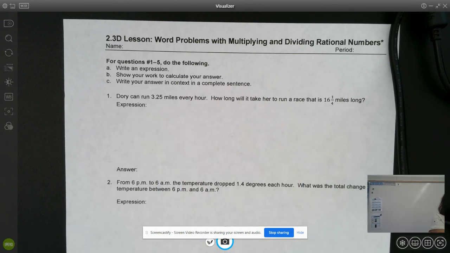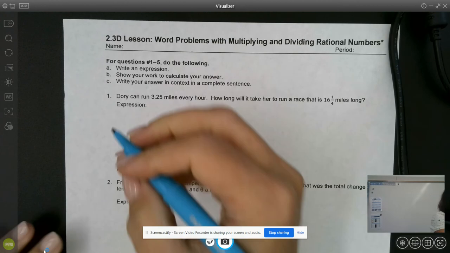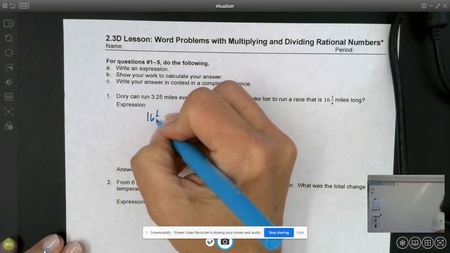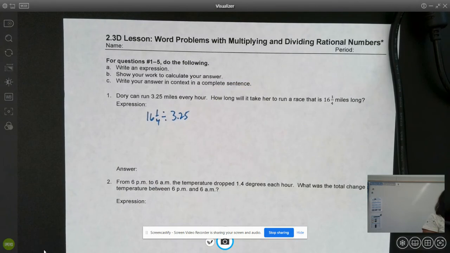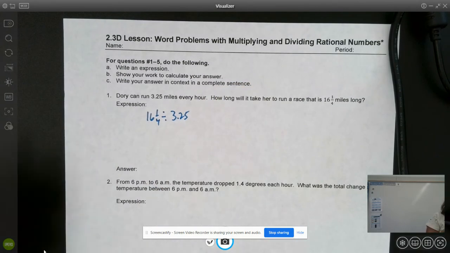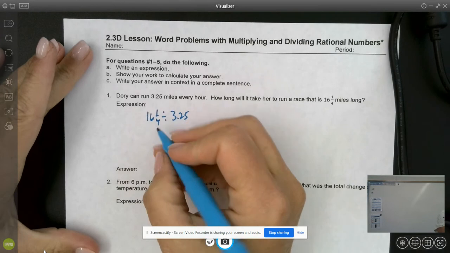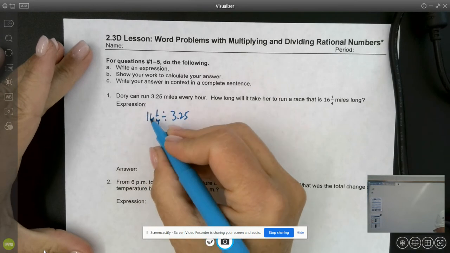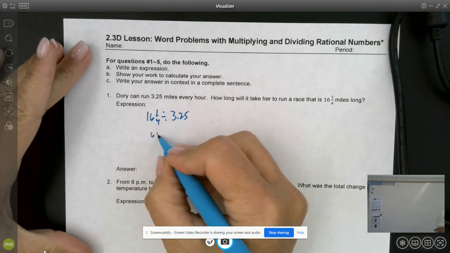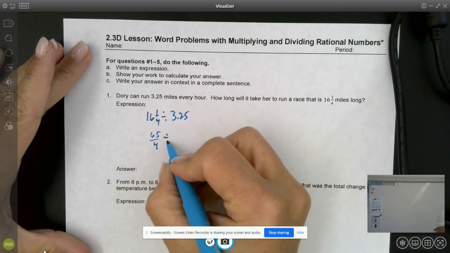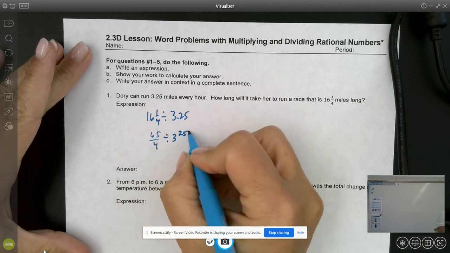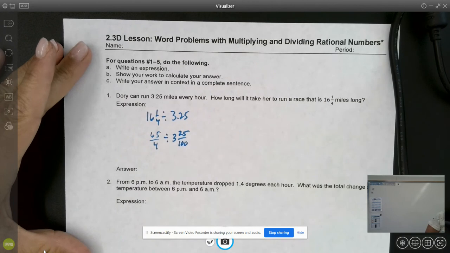So we've got 16.25 divided by 3.25. Now 16.25 as an improper fraction, 4 times 16 plus 1 is 65/4, and we're going to divide that by 3 and 25 hundredths.